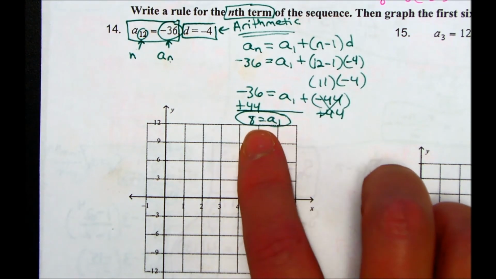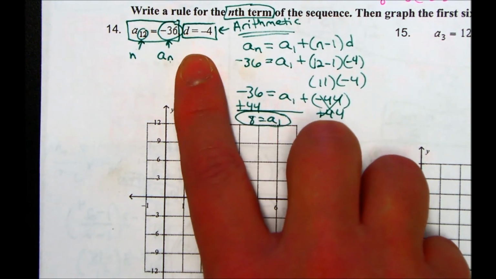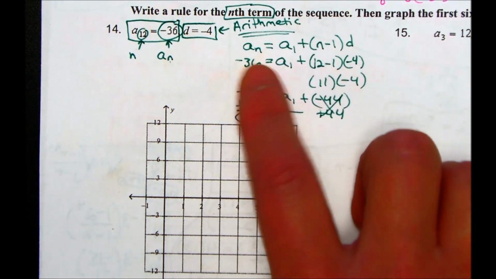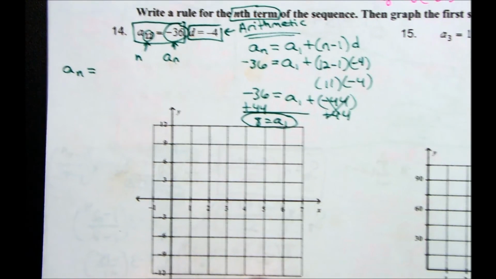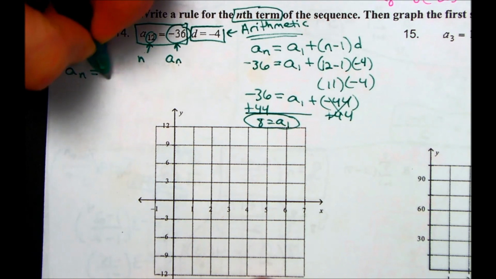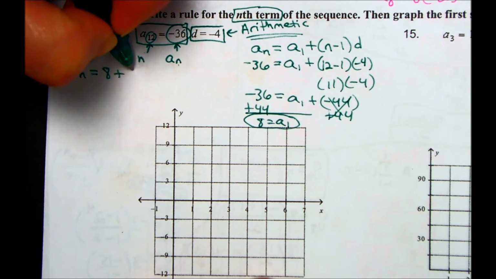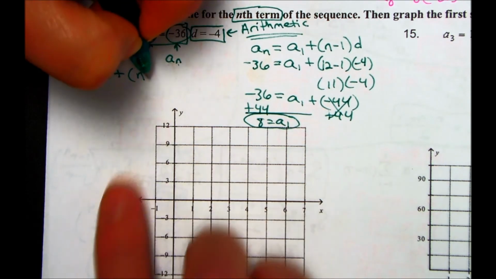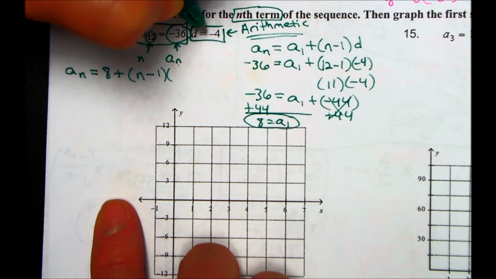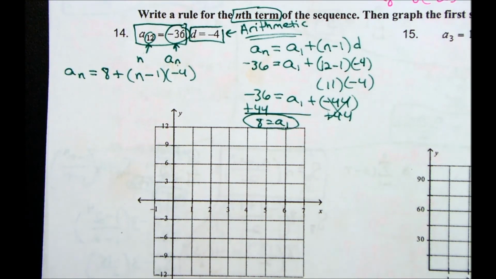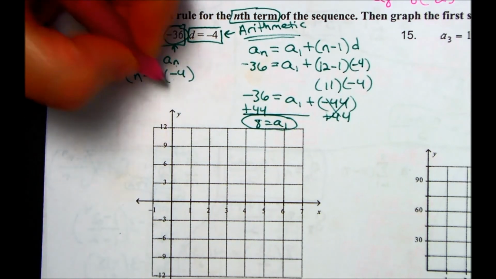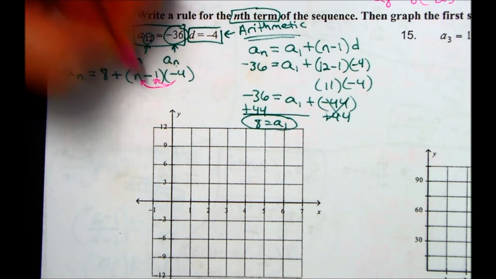So now that we know a sub 1 and we know our common difference, we can then write our rule for n. So the n now is part of our equation. A sub 1 is 8 plus n, again, is part of our equation, minus 1 times d, which is negative 4. But again, with an arithmetic sequence, you want to simplify it. So that negative 4 needs to be distributed.